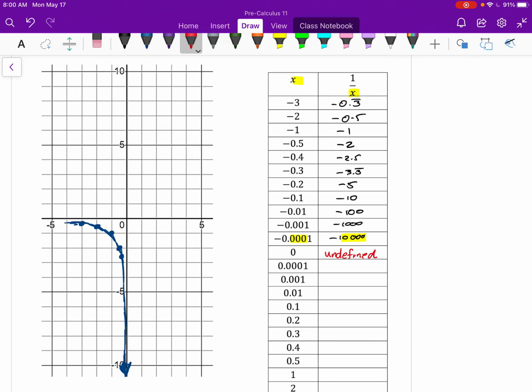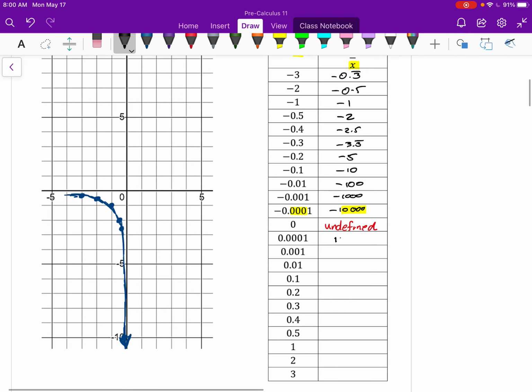But as soon as x is a little bit more than 0, I get the exact same values as before, but now they're positive. So 10,000, 1,000, 100, 10, 5, 3.3 repeating, and so on. Which means I can get a pretty good sense about what this graph looks like.